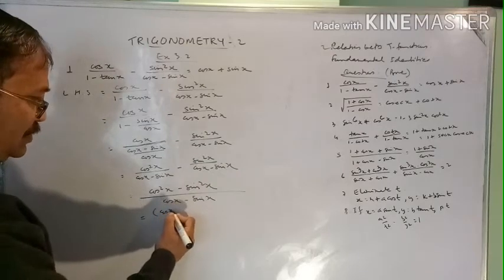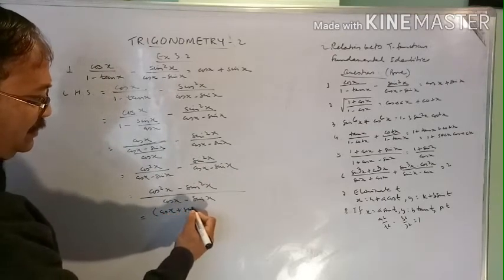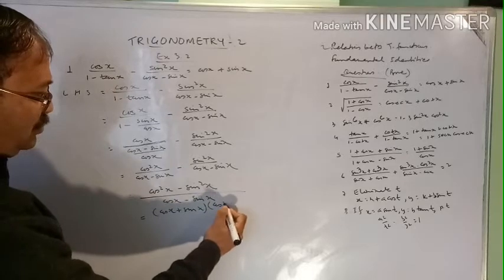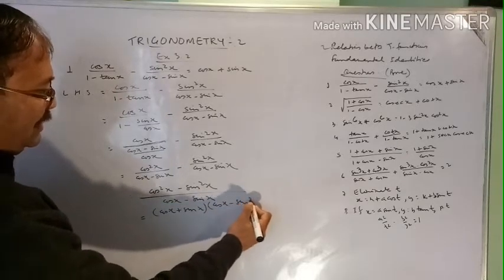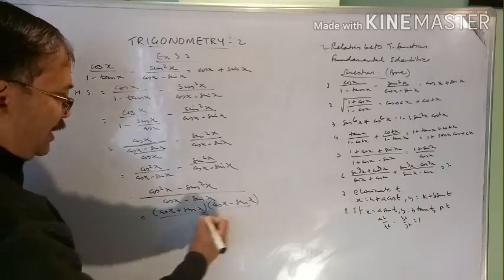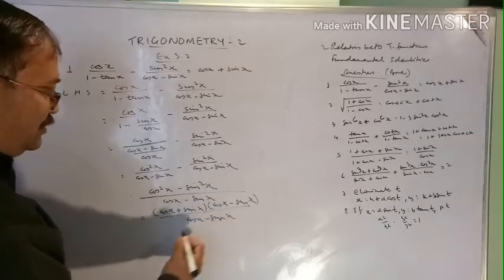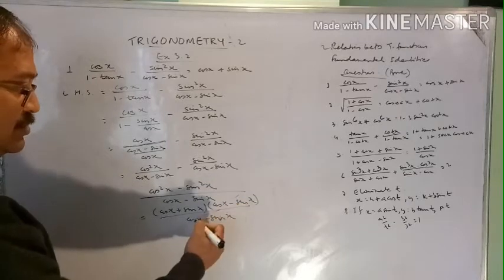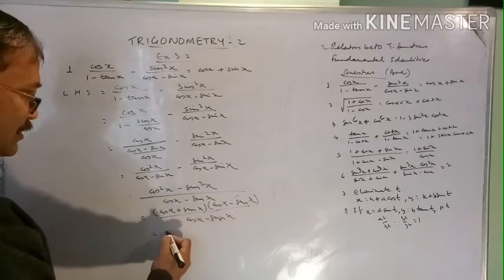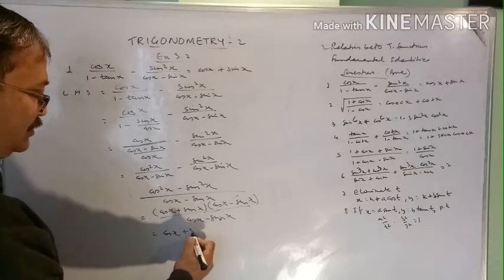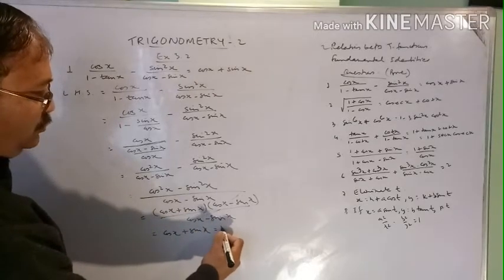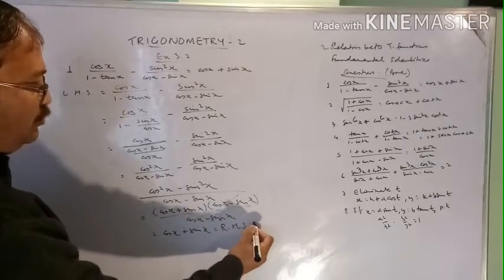So you get cos x plus sin x, a plus b, cos x minus sin x, a minus b, divided by cos x minus sin x, and here cos x minus sin x can be cancelled. So what is left here? Equal to cos x plus sin x equal to RHS. So this is proved.